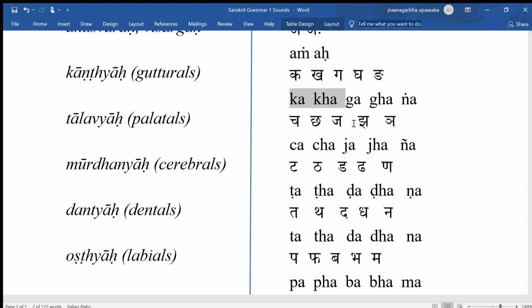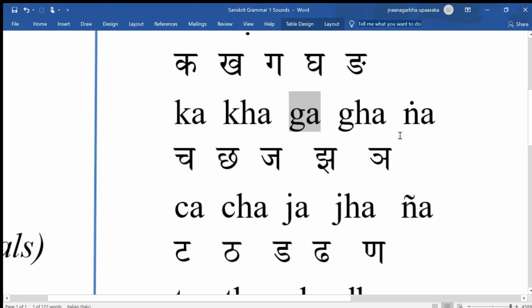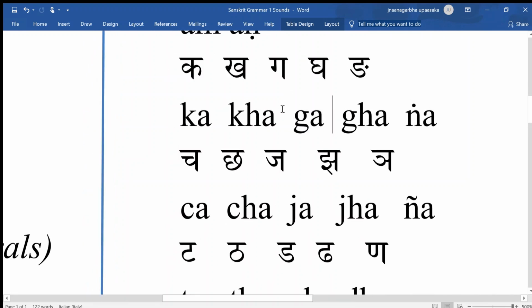Another important distinction is between unvoiced and voiced. So in case of unvoiced consonants, we do not use our voice until we pronounce the accompanying vowel sound.